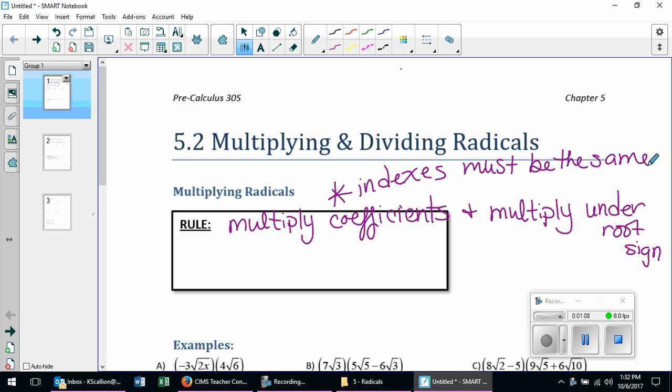So the deal is, again, for division, same sort of thing. You're going to divide coefficients, and then you're going to divide what's under the root sign.